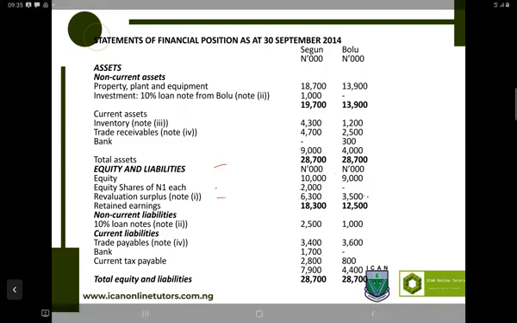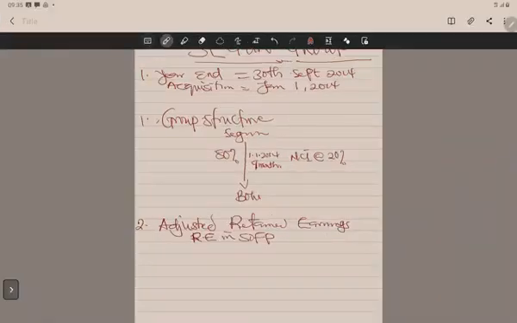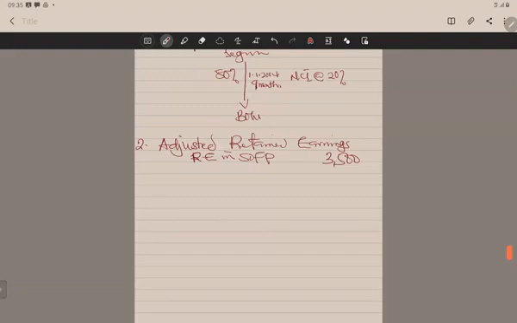So you have your 3,500. Check if you're given any other adjustment, but you can still leave that and go to the next one, which is your working note 3, subsidiary's net assets.